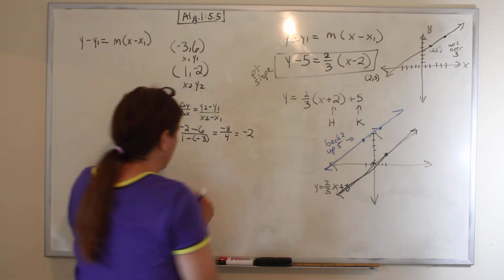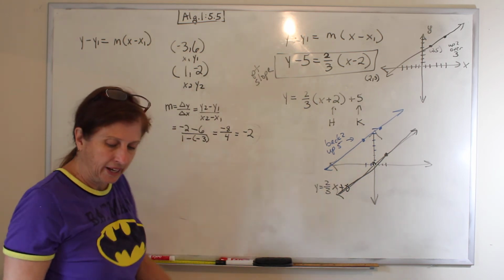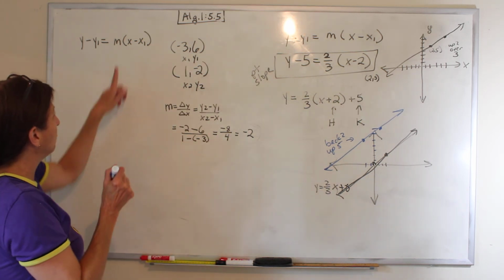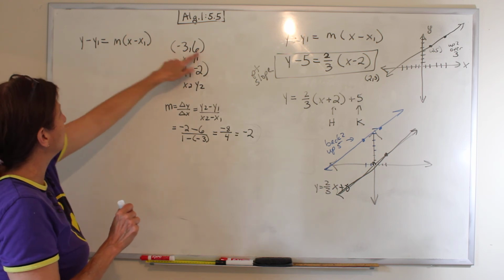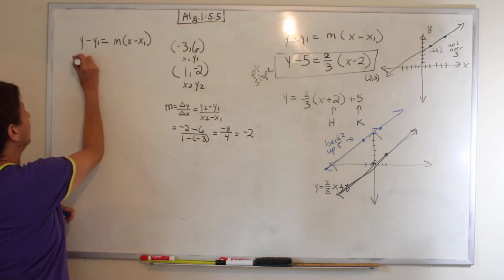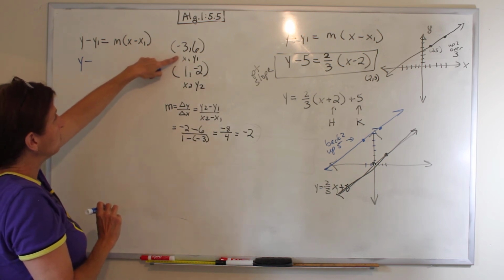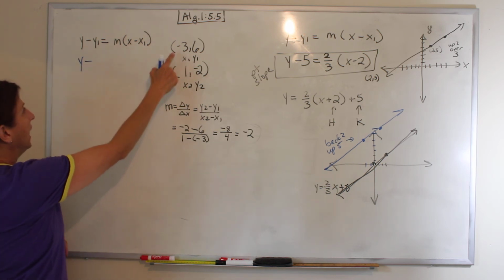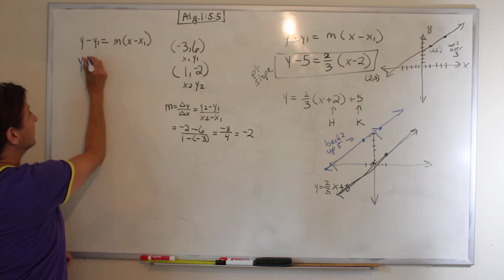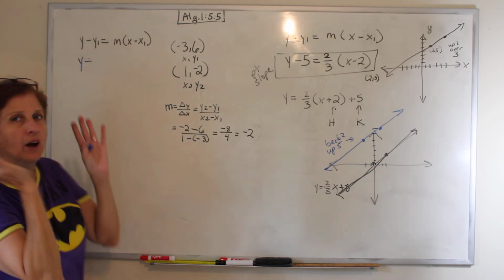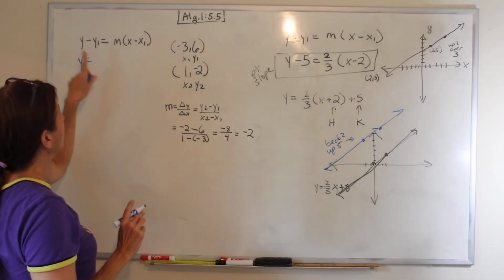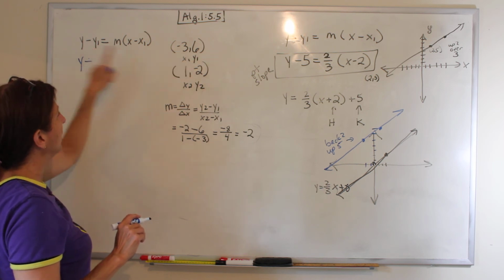So now we can write this formula because we have the slope and we have x1 and y1. So we just fill it in. Y minus, x1 is negative 3 and 2 negatives make a positive. So, I'm saying what? Stop it. I was messing up. It's y1.